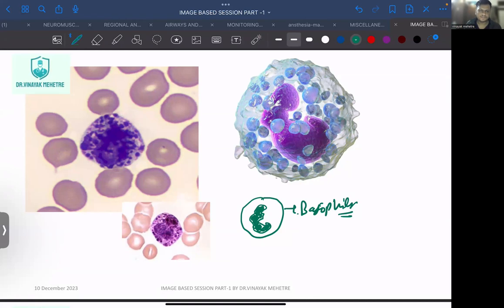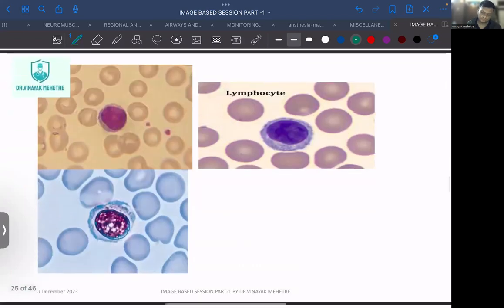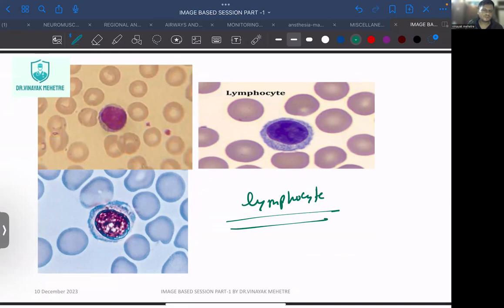This is easy, actually written also. Nucleus is taking almost the size of the cell. This is the cell, and the nucleus is taking almost the size of the cell, so it is lymphocyte. It may seem hard right now. When you get the PDF, just take a look. It is very easy.